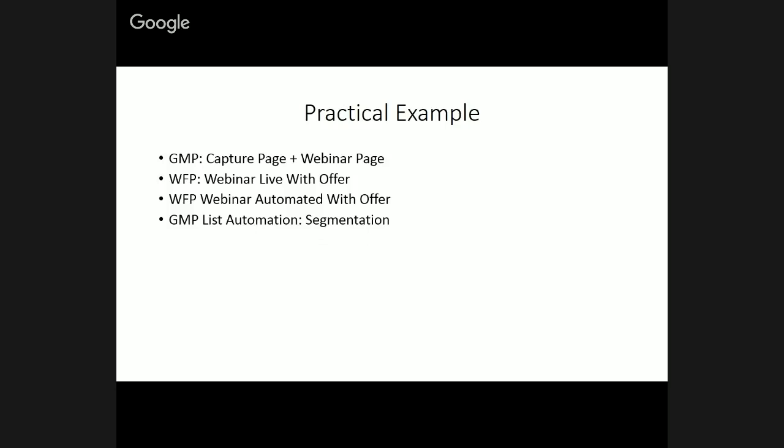Because you need to be talking to people on a personal level, number one. Number two, if I came and I bought coaching from you, but I didn't buy, let's say, your info product, and you send me the same offer that you send to the person who bought the info product, we're talking about one guy who bought a $7 product from you and I bought a $97 product from you.